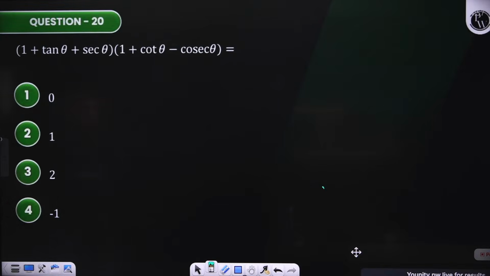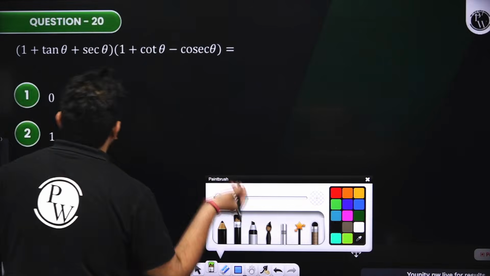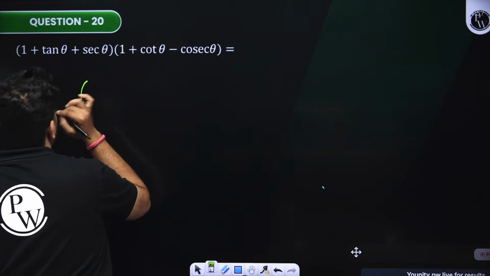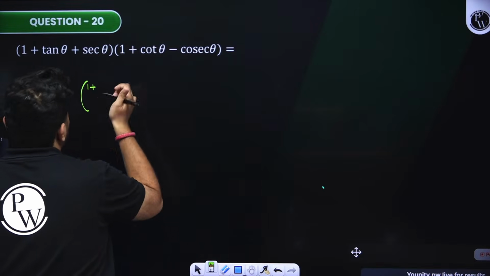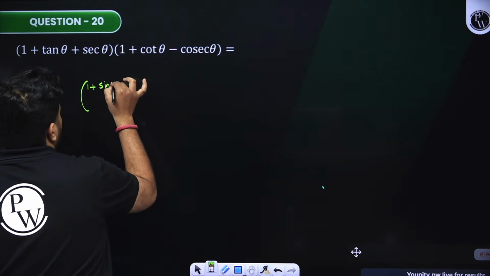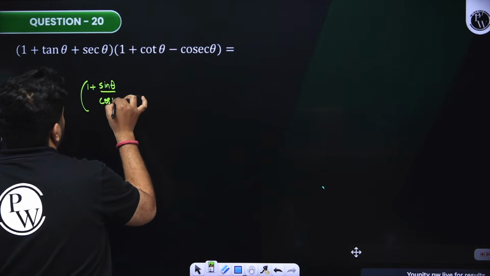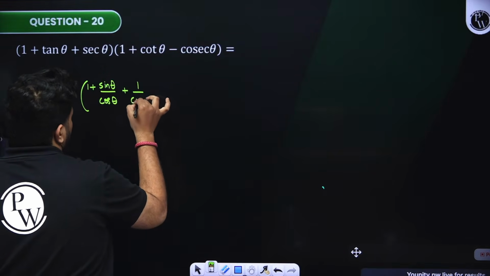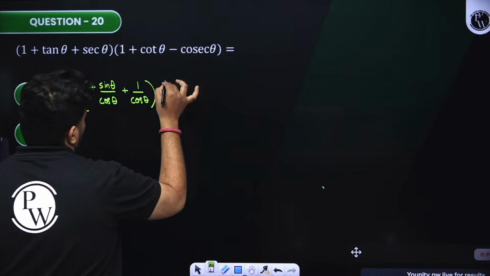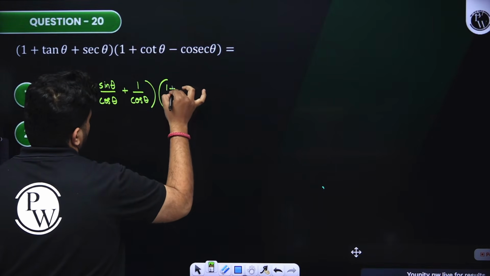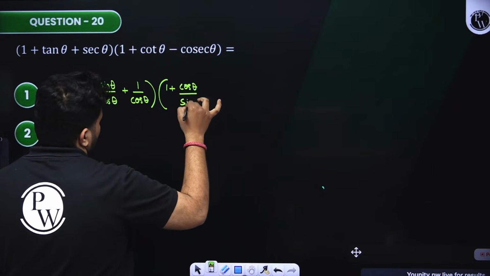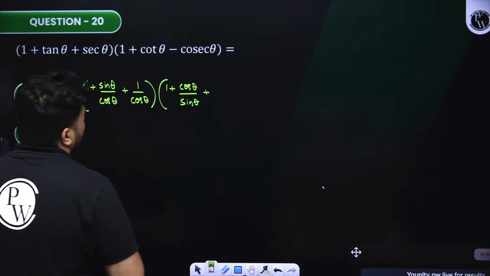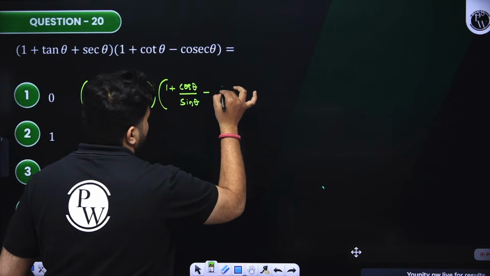Done. Answer for this. Okay, look here, let us start. It may seem a little lengthy, but here, students, we have 1 plus 1 by tan theta, minus 1 by sin theta. So here we have 1 plus sin theta by cos theta, where secant theta is 1 by cos theta. Again, here it is 1 plus cos theta by sin theta, minus 1 by sin theta.